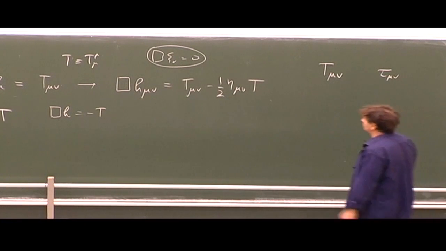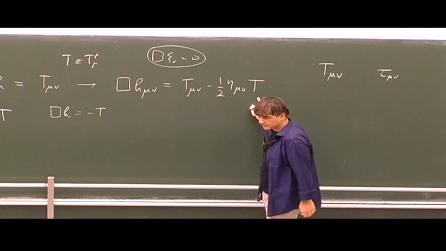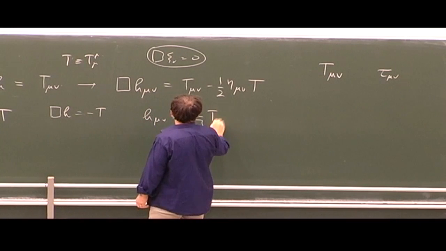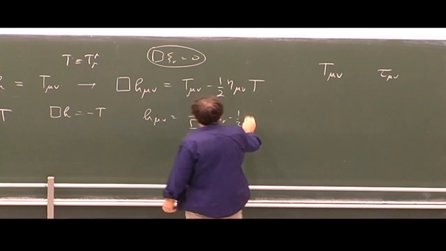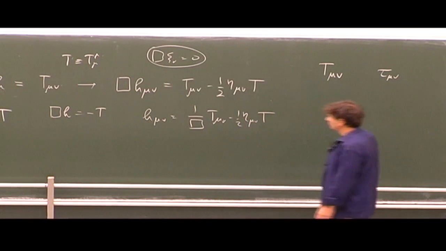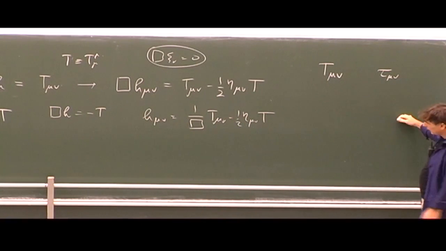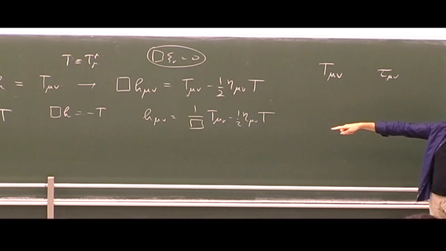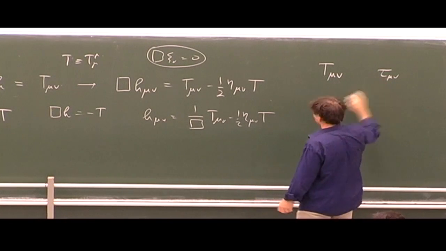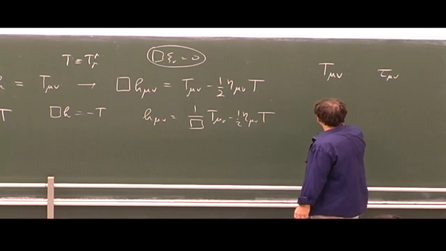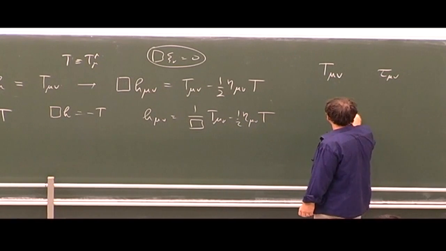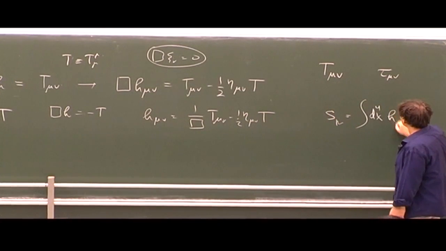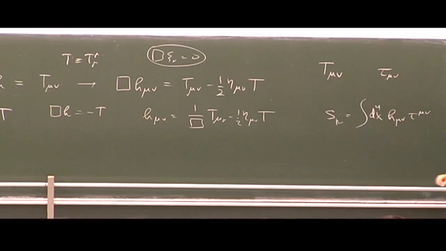I can find h_{mu nu} created by the source, which is simply 1 over box acting on it, and then convolve the probe with this gravitational field produced by the source. Then the effective action of the probe in this gravitational field will be the probe convolved with this.